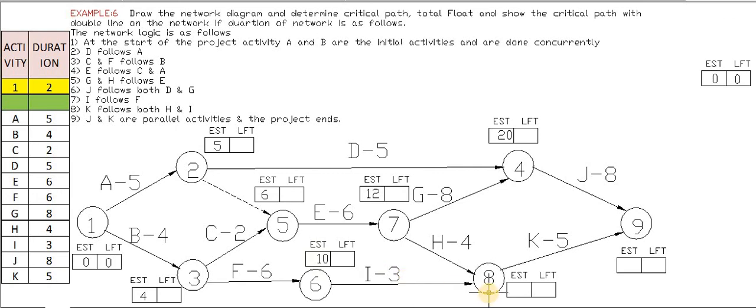What about 7 to 8? 7 has 12, and 12 plus 4 is 16. Which value is maximum? Here it is 13 and here it is 16, so 16 is the maximum. Therefore we will take 16.